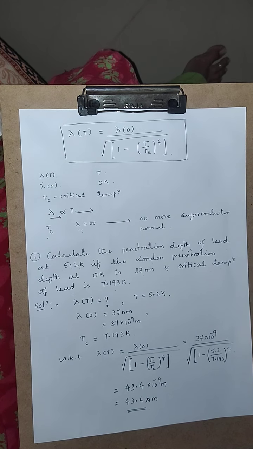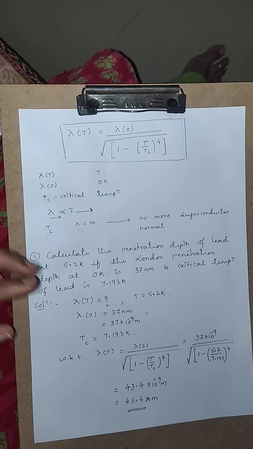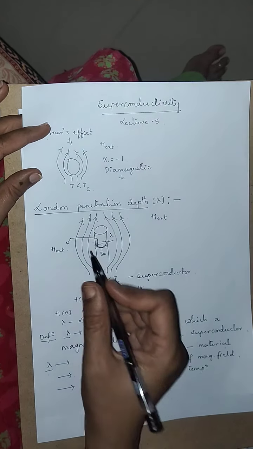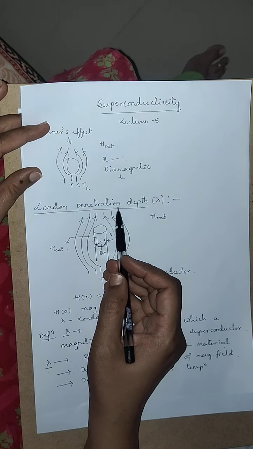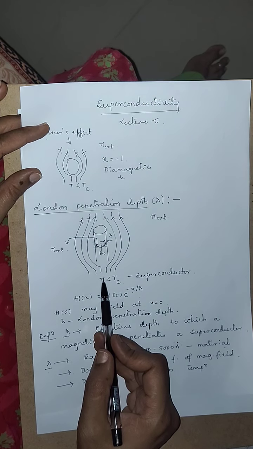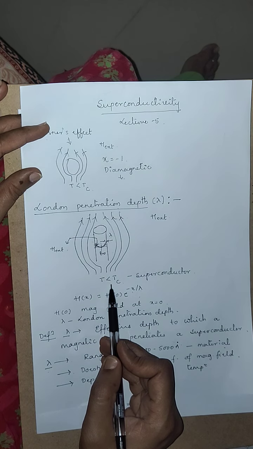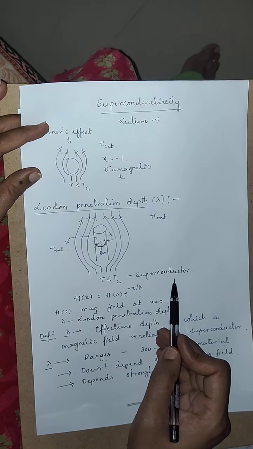So we understood what is meant by London penetration depth. Let's look into it once again. When a superconducting material is held at a temperature less than the critical temperature, it acts as a superconductor.